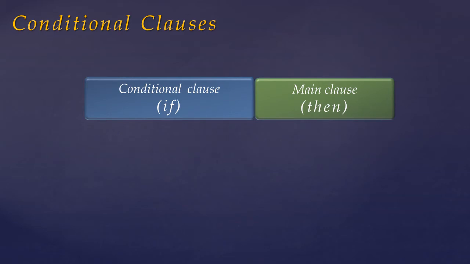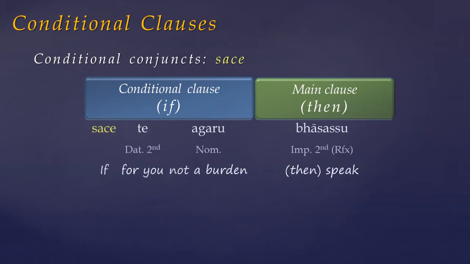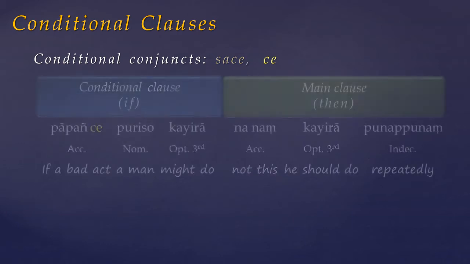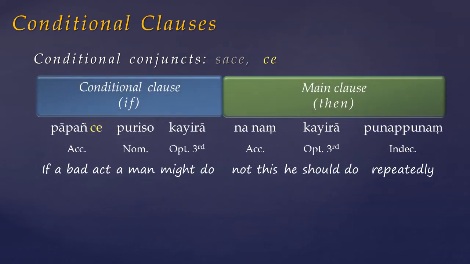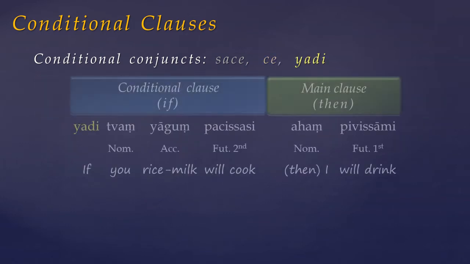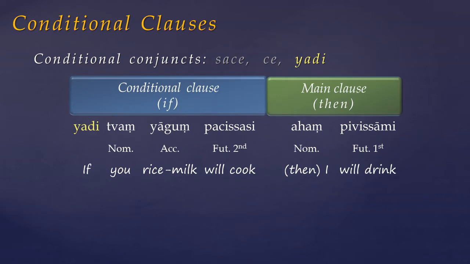In Pali, a conditional clause is often introduced by a conditional conjunctive term, such as sakhā, the enclitic particle che, which usually comes second in its clause, or the adverb yadi.